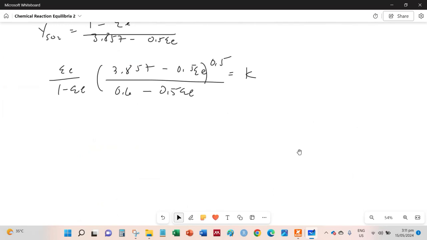What's the next step? After that, we have to solve for K. What equation can we use? We use the long equation. Ln K equal to delta G over RT. Okay, so we use that.